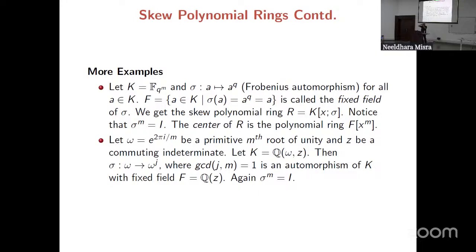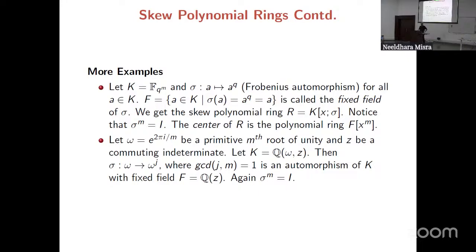I should have written q, it is missing there. x to the m, because when you move it over, x^m a will become sigma^m applied to a times x^m, and sigma^m is identity, so it will be a x^m. So every a essentially commutes with x^m. So this is the set of all polynomials which commute with everybody in the ring R, and that's important for us.